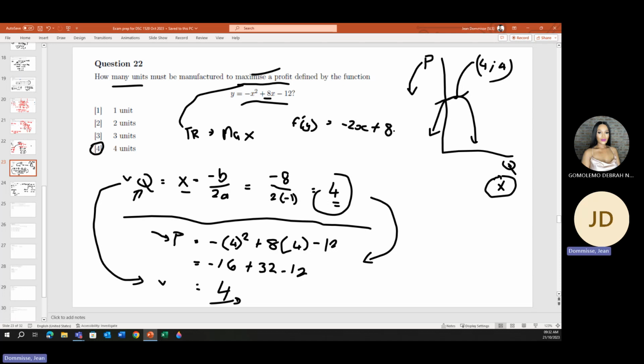And then remember, when it's maximizing or minimizing, that will be equal to 0. So you would have had minus 2x is equal to minus 8. So again, you would have x is equal to 4.